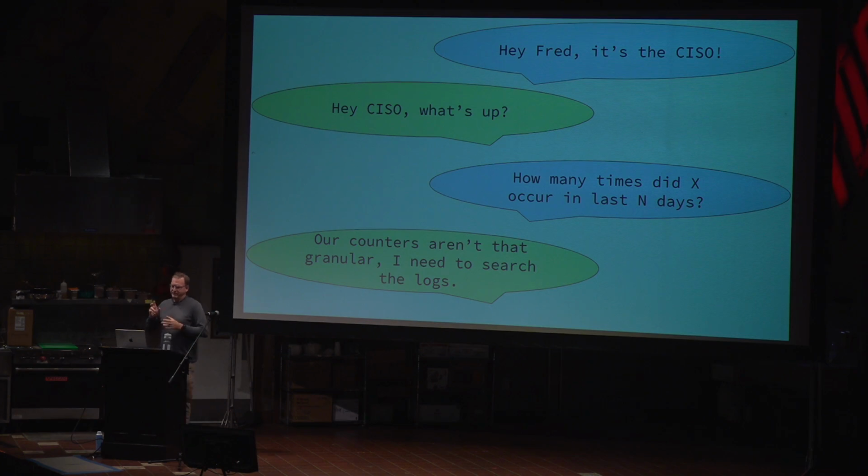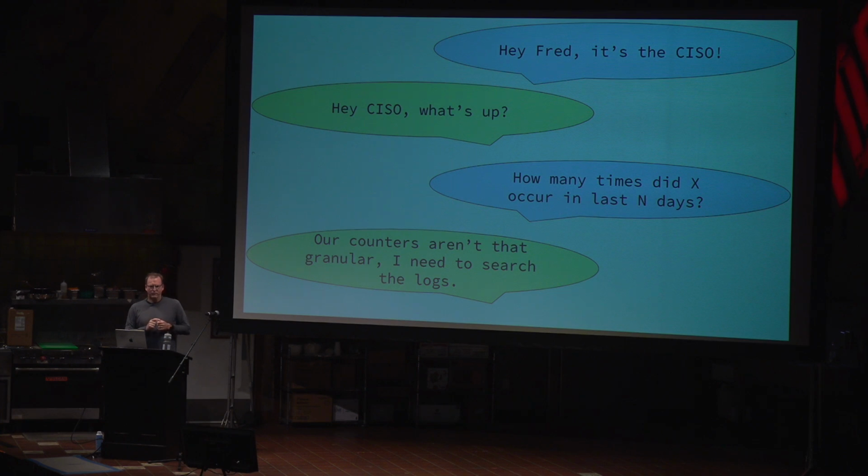They said, we need to figure out how many times a certain thing had happened in our web service over the last N amount of days. And so I started digging. At this point, it was recent enough that we had metrics, traces, logs, all that stuff. I started digging into our metrics because I figured I could find a counter that would just give me this number.